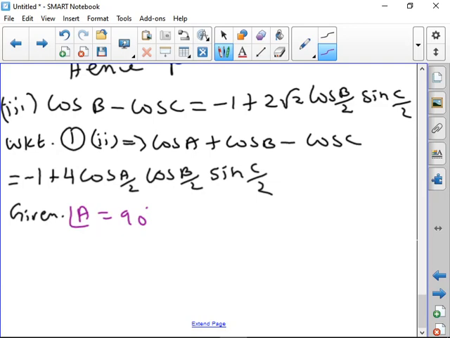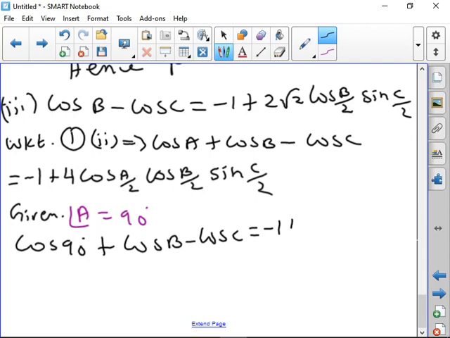So what you will get here? Cos 90 plus cos b minus cos c is equal to minus 1 plus 4 cos 90 by 2, 45 degree, into cos b by 2 into sin c by 2.